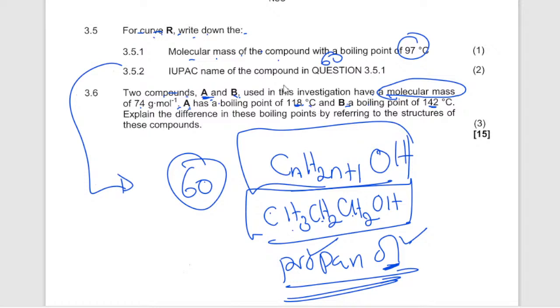So how do you explain this? B has a higher boiling point, so B is going to be straight chain, while A is going to be branched chain. Why? Because when it is straight chain, it has a large surface or a large size, and this creates a large polarity.